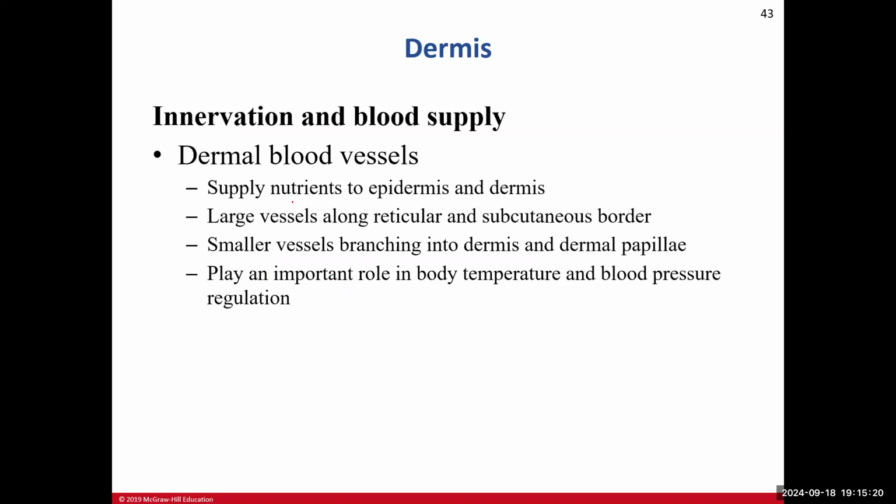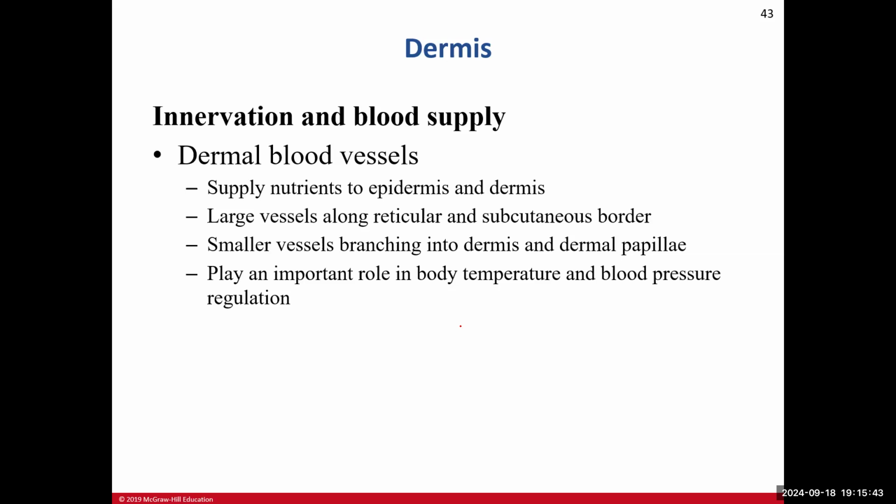All right, so here, when we're dealing with our dermal blood vessels, we're going to see how a lot of the blood vessels are going to be pretty small in our dermis there and the dermal papillae there. And our larger vessels are going to be deeper in the reticular and in the subcutaneous.